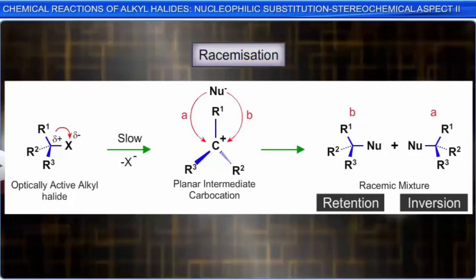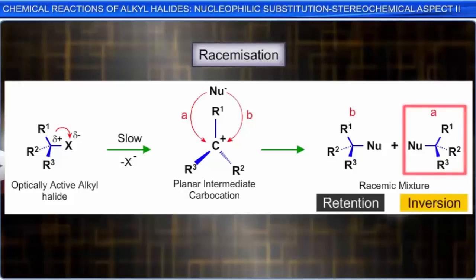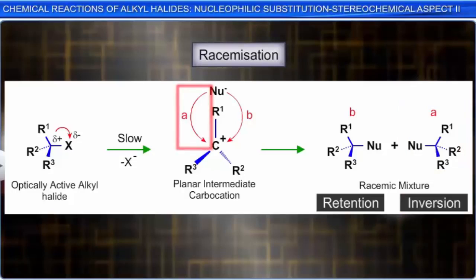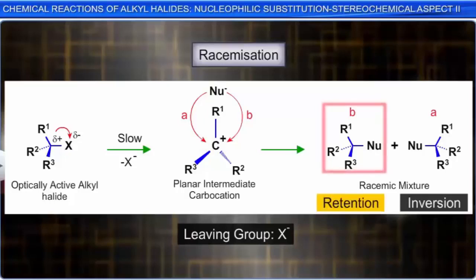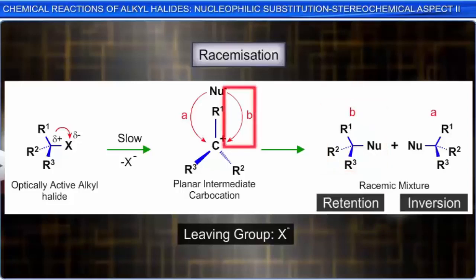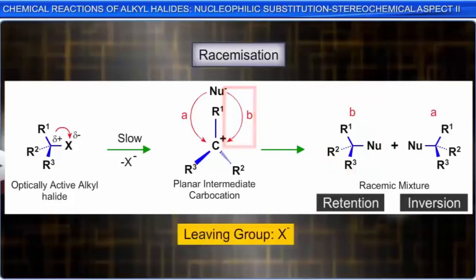It is clear that the formation of the inversion product is due to the attack of the nucleophile on the planar carbocation intermediate from the side opposite to that of the leaving group. On the other hand, the formation of the retention product is due to the attack of the nucleophile on the planar carbocation from the side same as that of the leaving group.